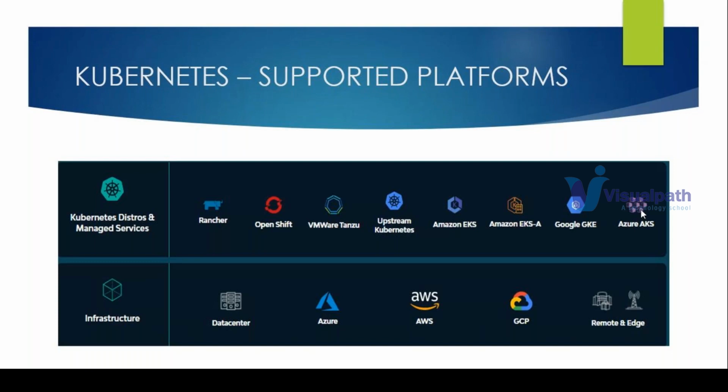Azure has its own flavor of Kubernetes, AKS. Google has GKE, Amazon has EKS, then VMware, and then OpenShift. OpenShift is a popular product from Red Hat. OpenShift is more of a wrapper on top of bare Kubernetes.